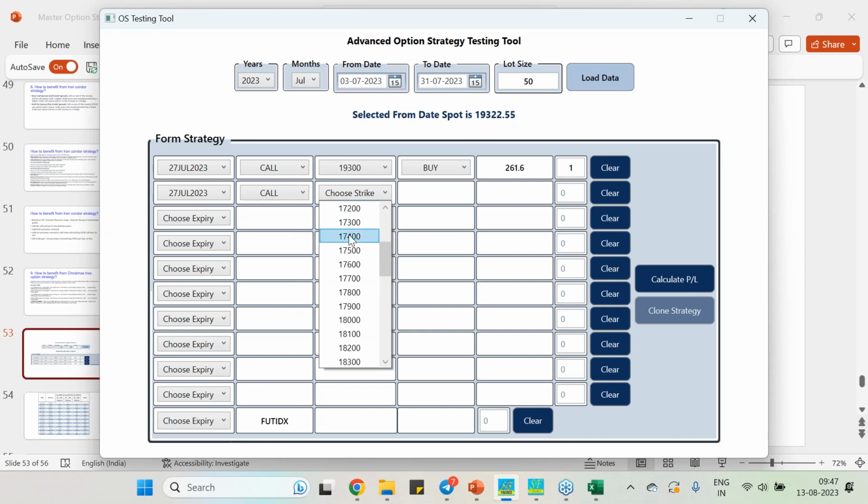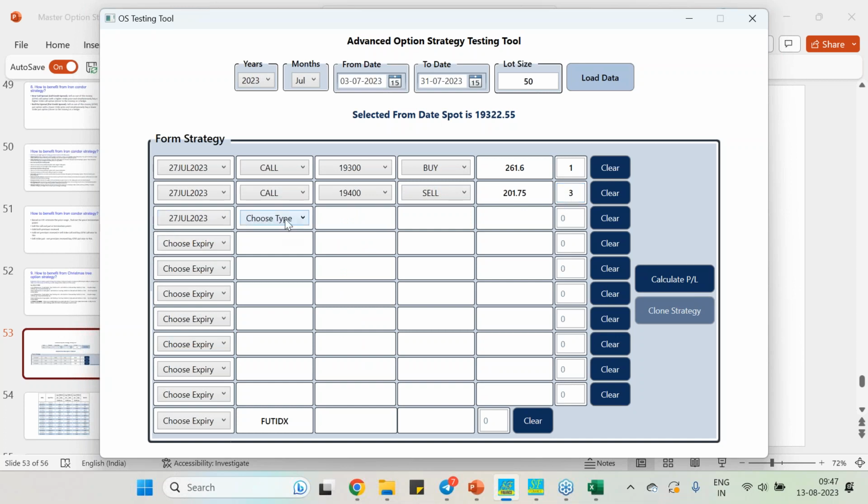I'm selling 3 lots here, and I'm again giving one gap here: 19,500 call option. What I'm doing here is buying 2 lots. See, a 100 point depth I have taken.